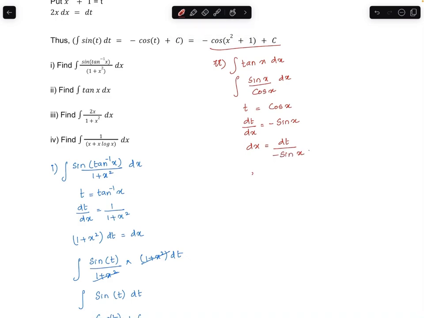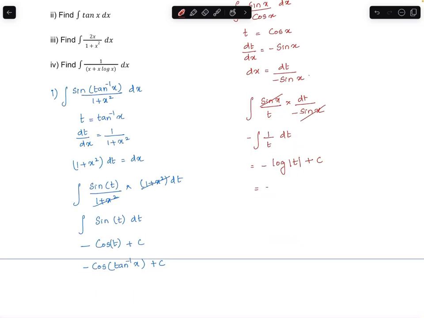Replacing the dx, we get integral sin x upon cos x, which is t, into dt upon minus sin x. Sin x and sin x get cancelled, leaving minus integral 1 by t dt, which is minus log t plus c.